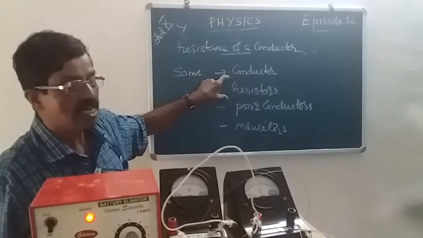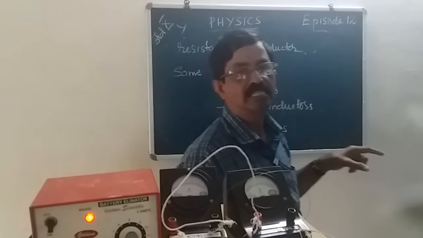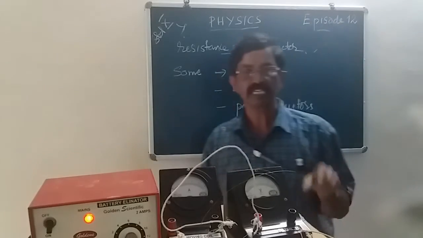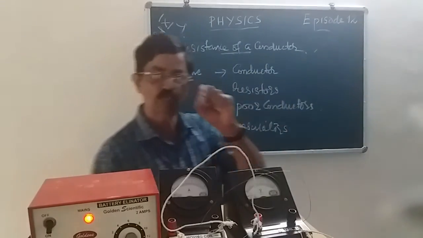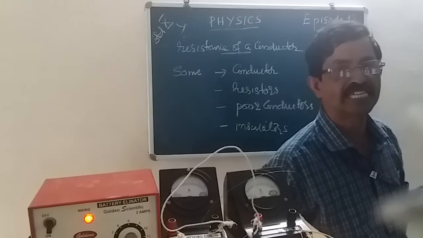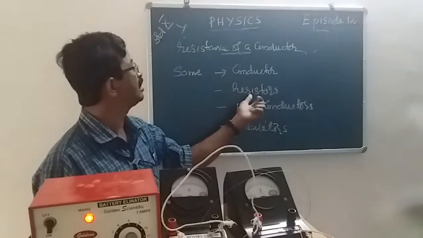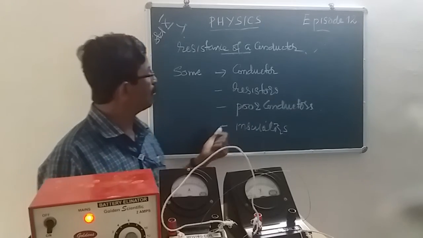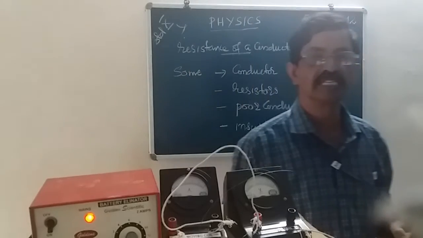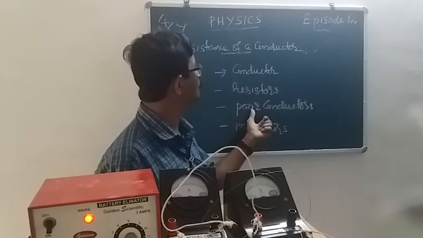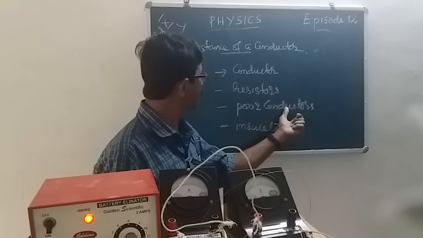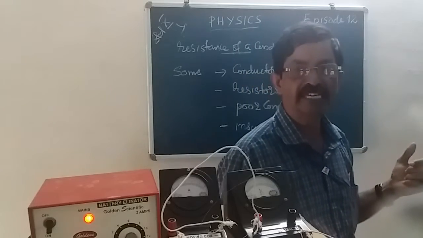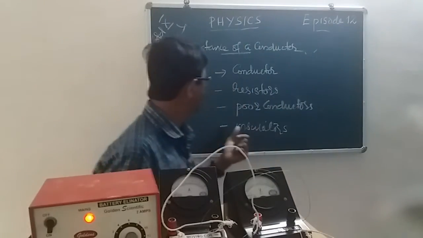Resistors offer a certain amount of hindrance to the flow of electrons. Materials that offer more hindrance than resistors are called poor conductors, and materials that offer very high hindrance are called insulators.